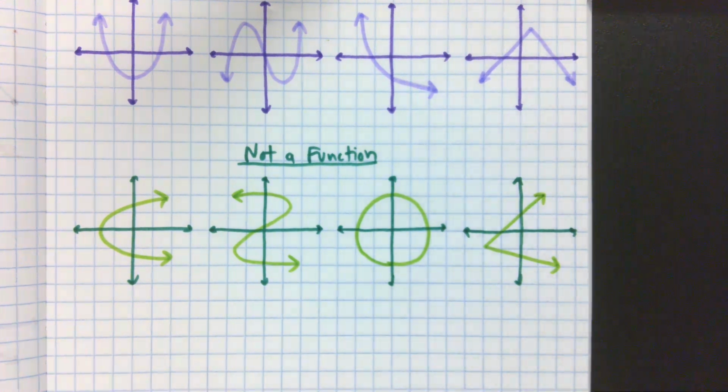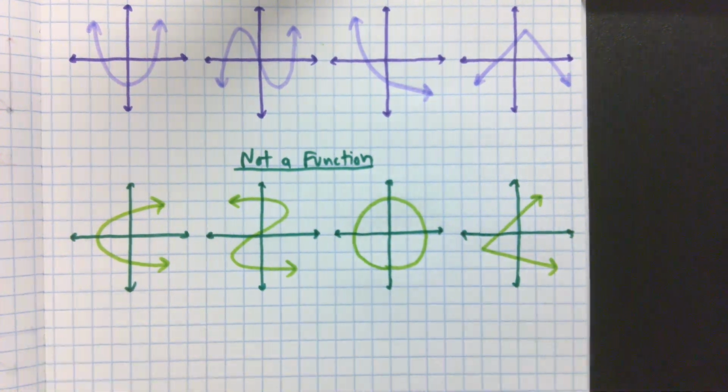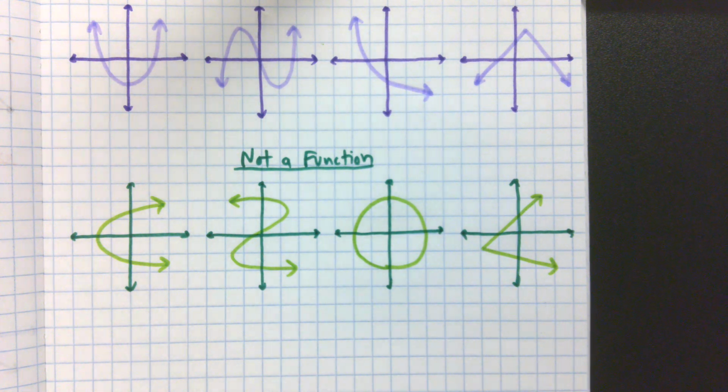It looks like the little greater than sign, right? The crocodile eats the bigger number. It's a 3rd grade throwback. So take a look. The purple graphs are functions. The green graphs are not functions. Anyone notice the difference? What makes something not a function, Devin?